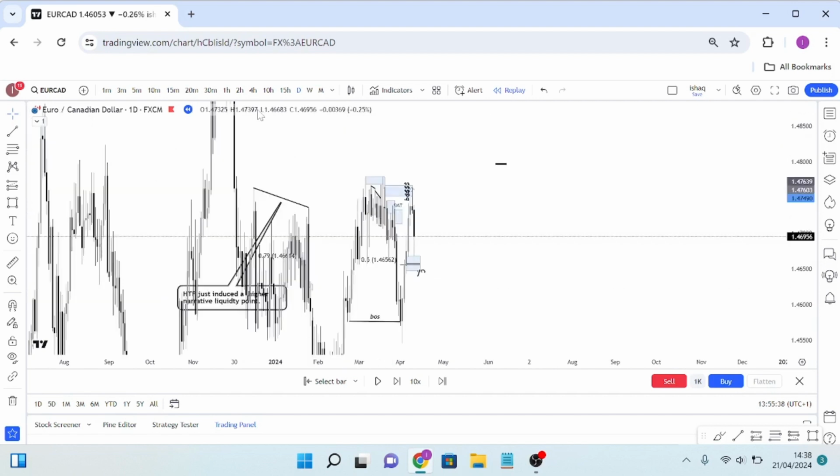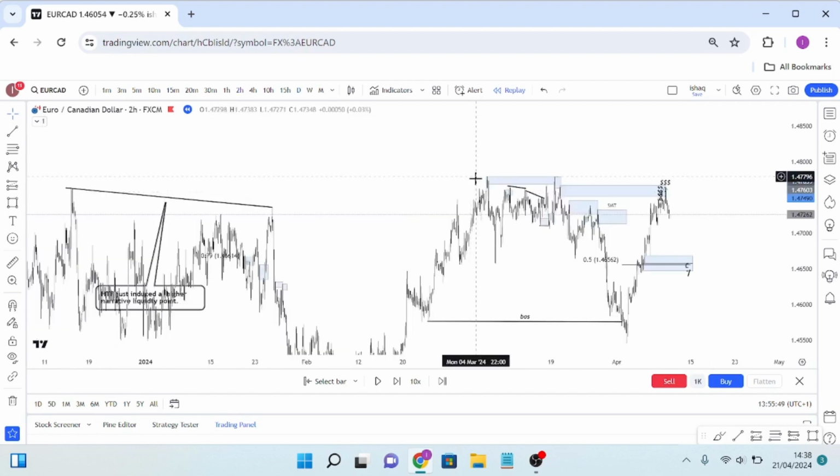When you go into the lower time frame, after the market induced it, potentially here people have their buy. Retail traders, for example, people that trade trend lines, may use this push as a confirmation for the market going bullish and place their buys. Now smart money is looking to use that liquidity to fund their sells.